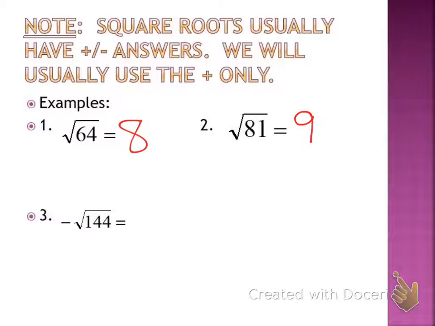Okay, and we are getting these because 64 is equal to 8 times 8. 81 is equal to 9 times 9. We are looking for the number that when multiplied by itself equals that number under the radical. On the last one, we want the negative square root of 144. Angel. Negative 12. We use the negative one on this one because of the negative sign out in front of the radical.